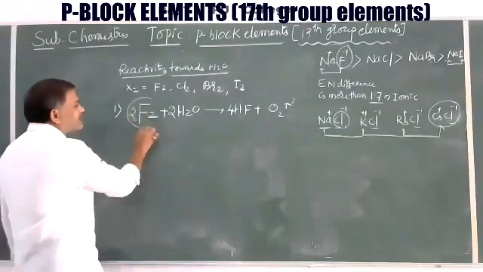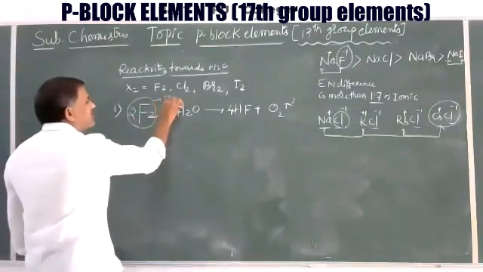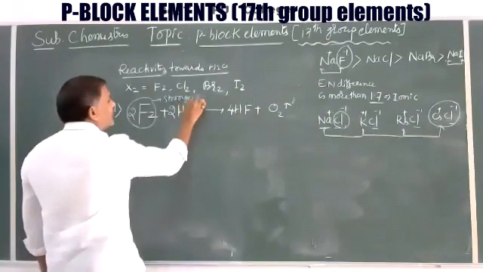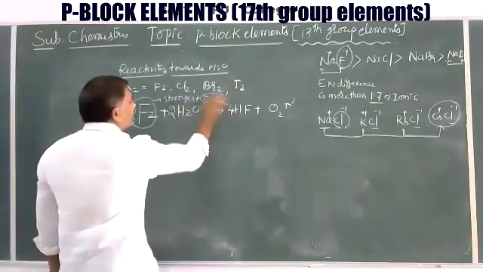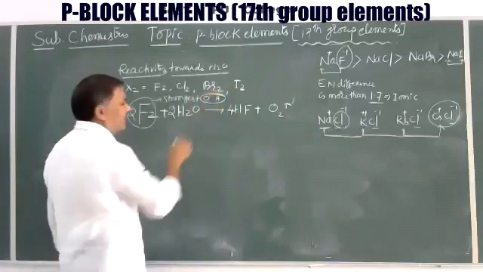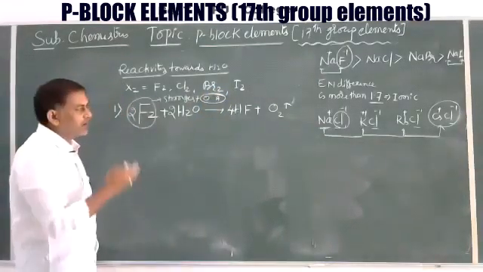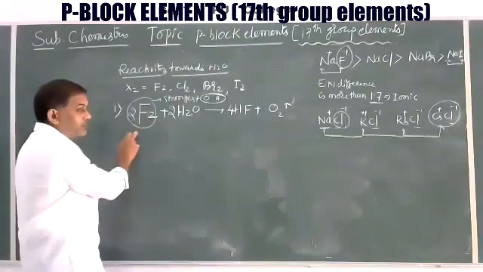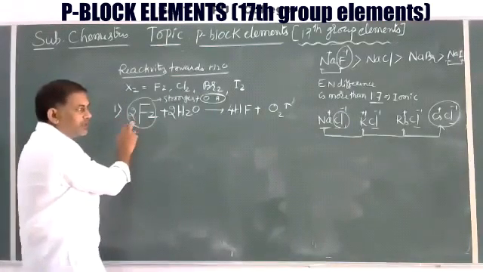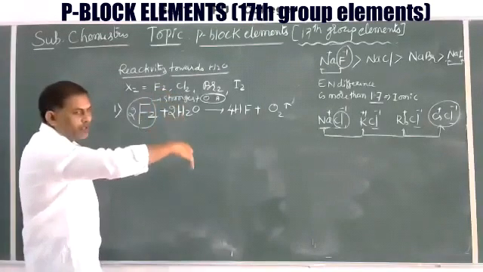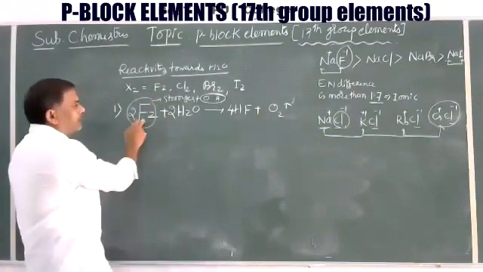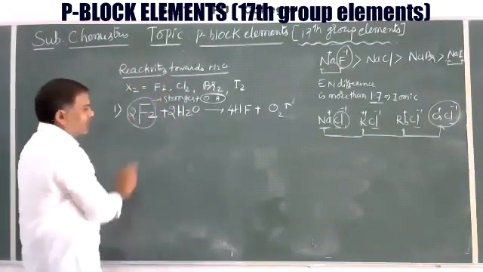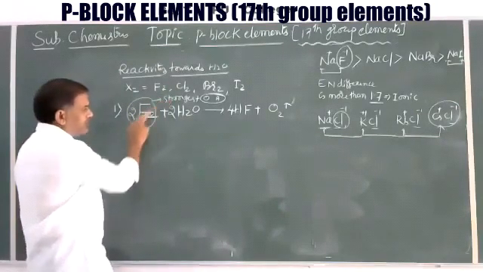Here the fluorine acts as the strongest oxidizing agent compared to chlorine, bromine and iodine. Oxidizing power was explained already. This reaction was not mentioned in the last class under oxidizing power because I want it here under chemical properties. So here, under reactivity towards water, fluorine acts as the strongest oxidizing agent.